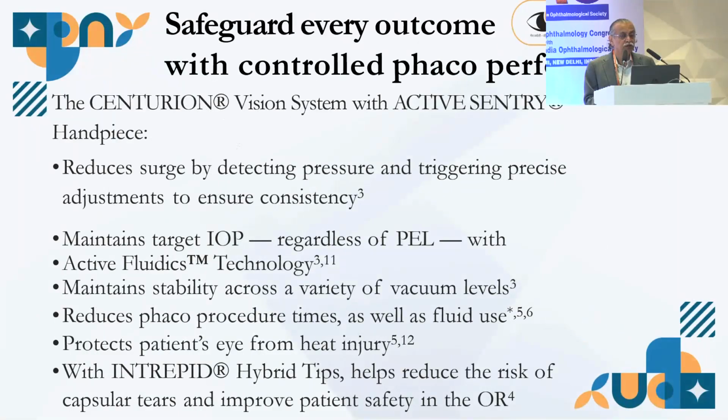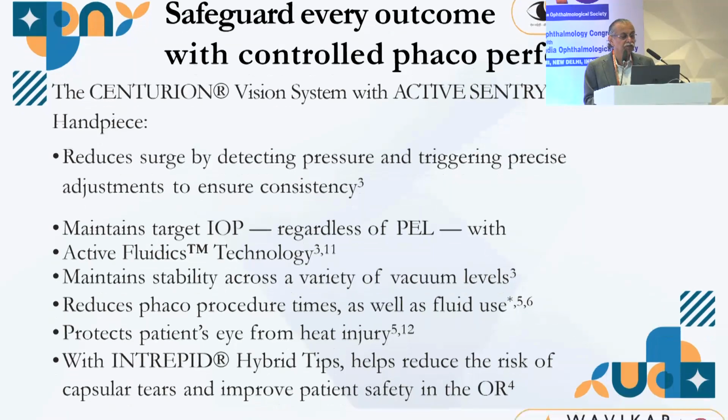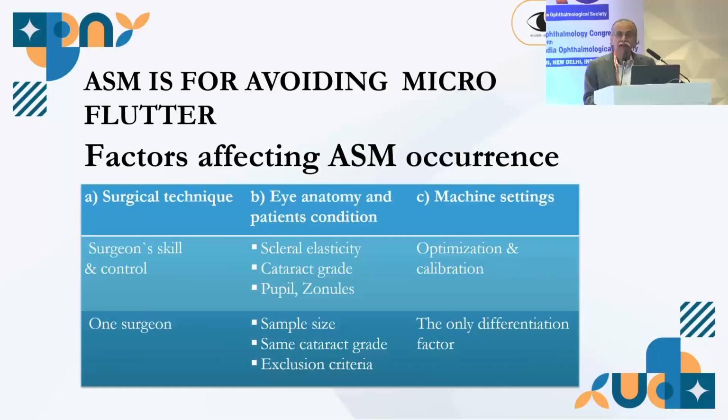In Centurion, we have active Sentry, that is a quick wall technology. That means there is a shortcut for reflex mechanism, and therefore we have what is called ASM, that is active surge mitigation. Even if there is a microflutter, ASM kicks in and that is avoided.